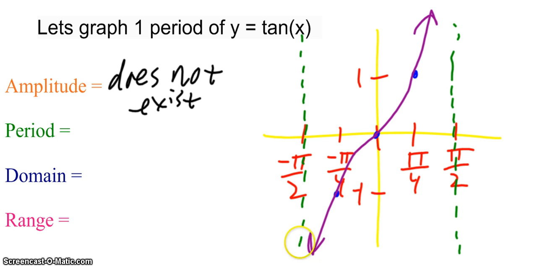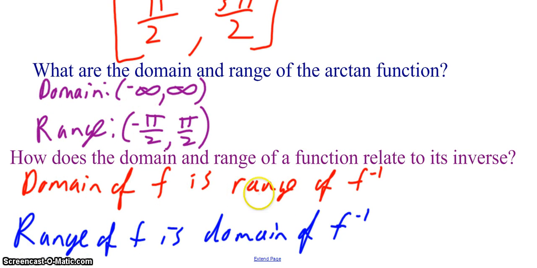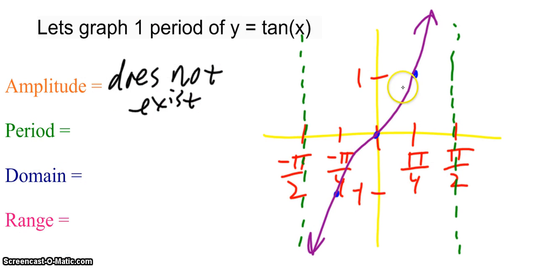What is the range of this function? Well, what did we just talk about? The domain of the inverse was negative infinity to infinity, and the domain of the inverse is the range of the function. The range of this is negative infinity to infinity. I can't take half of negative infinity to infinity. That's still negative infinity to infinity. So the amplitude does not exist.